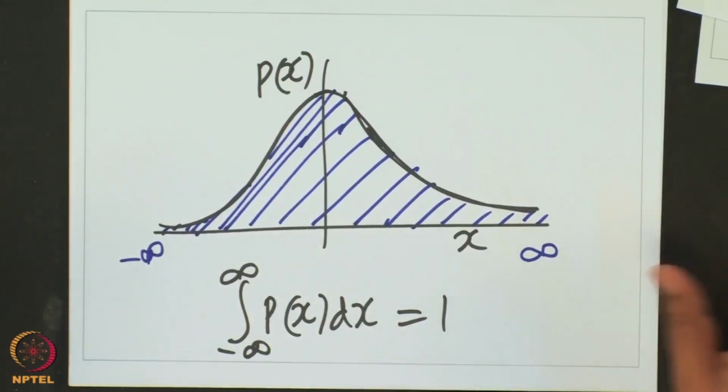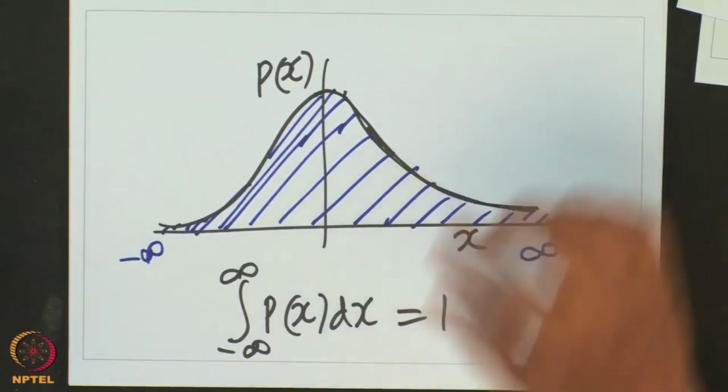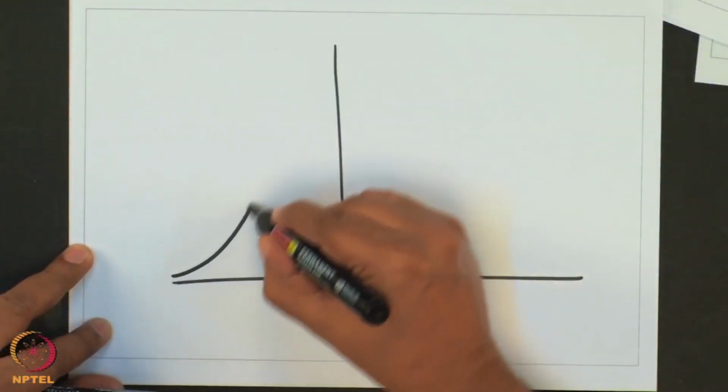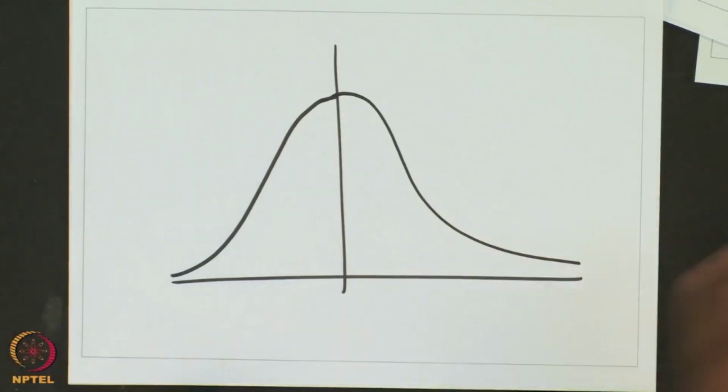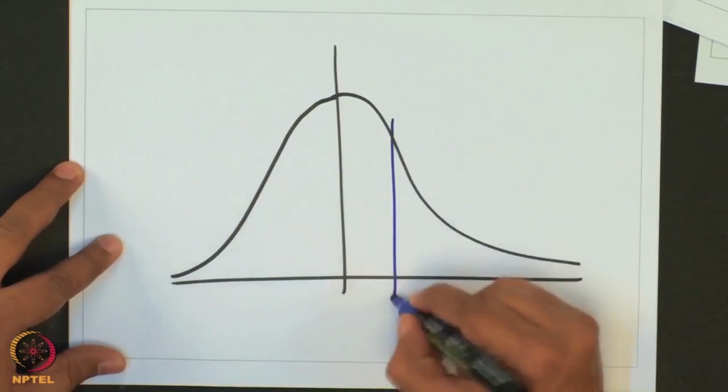Now, let us take the same distribution and look at a small region between this and this.